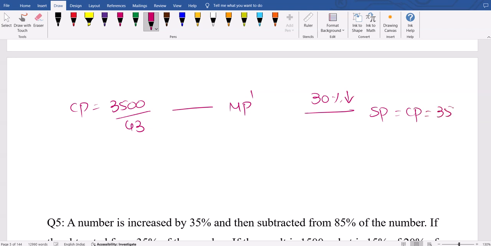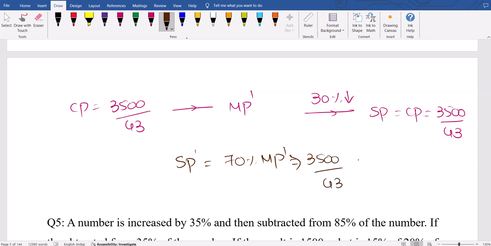Now 30% discount means 70% of marked price. So selling price must be 70% of marked price, and that selling price is 3,500 divided by 43.